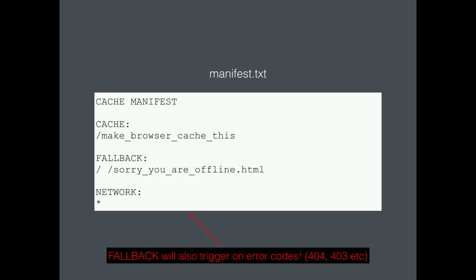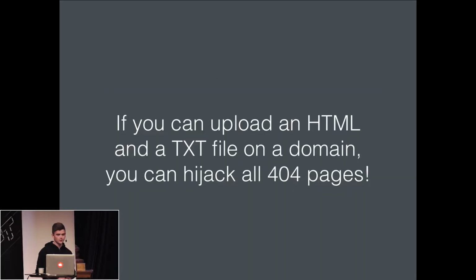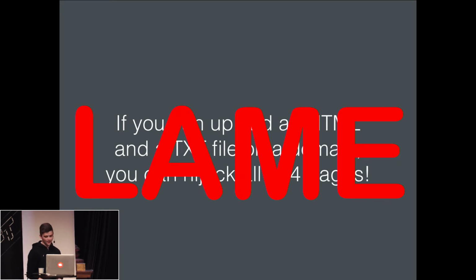It would also trigger when the web browser was online and the web server responded with an error code, like 404 or 403, etc. And because of that, we could draw this conclusion, which was, well, if we could upload an HTML file and a TXT file on a domain, then we could hijack all the 404 pages. But if I can upload an HTML file on your domain, then maybe you have worse problems than cache poisoning. So back to the drawing board.